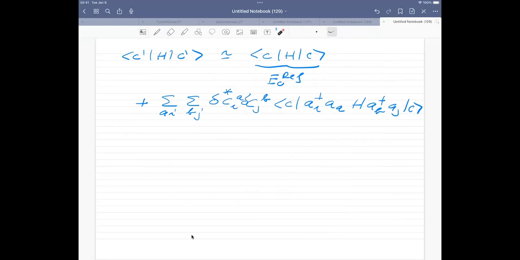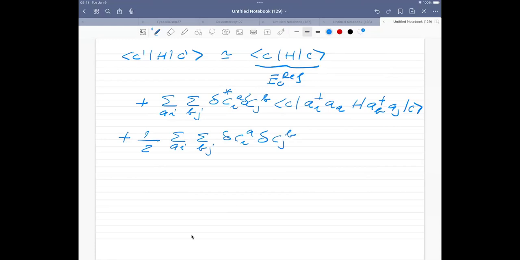With that, the next terms are going to look like 1/2, since we are stopping at delta C squared. So there's going to be a term of 1/2, and then I have a sum over AI, so I'm just listing these as particle-hole pairs, and I'm going to have a delta C_I^A, a delta C_J^B.